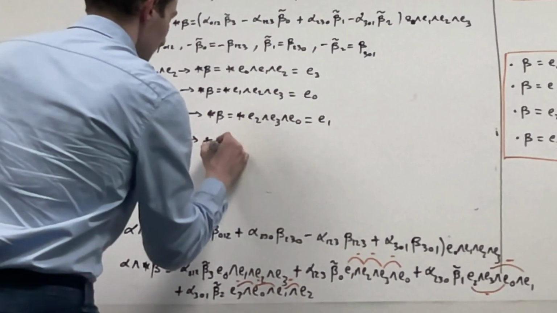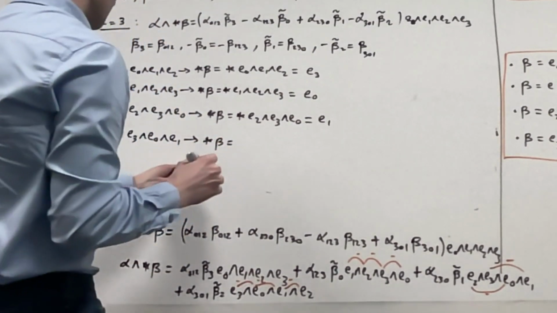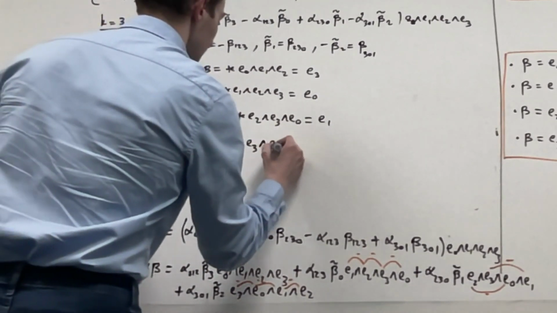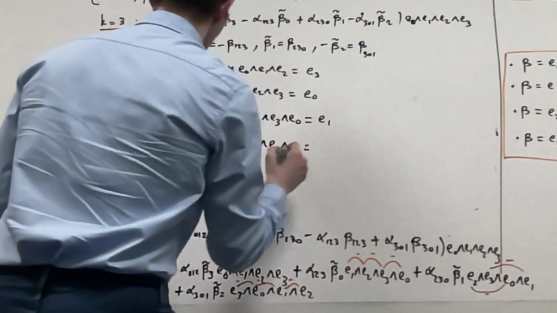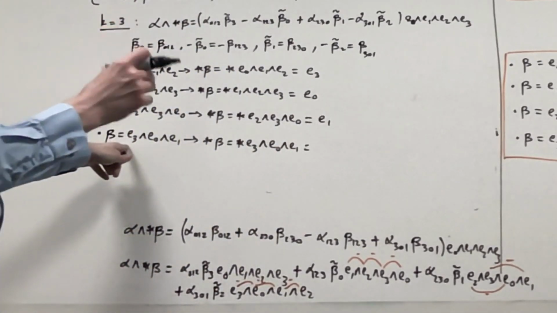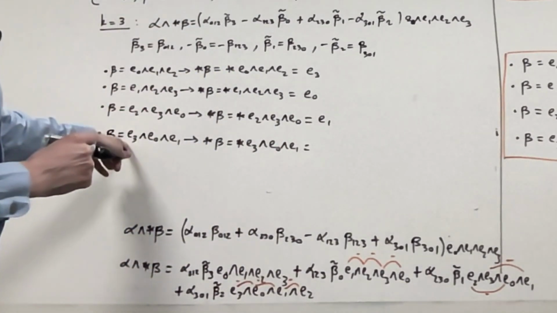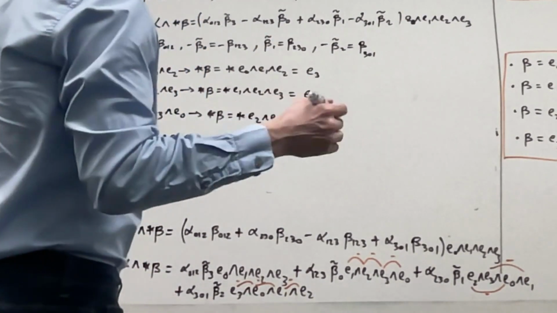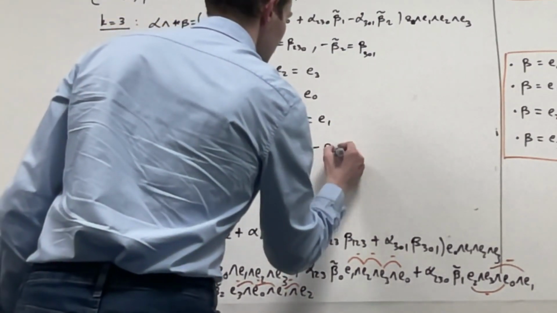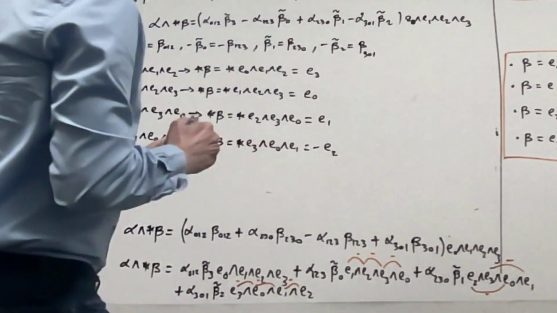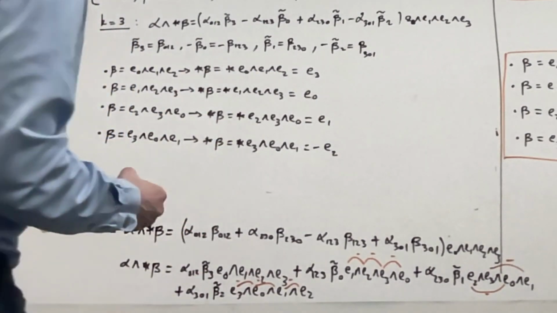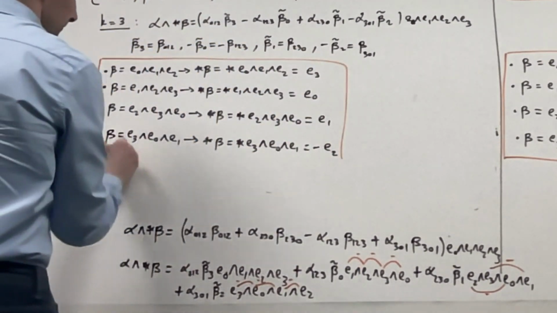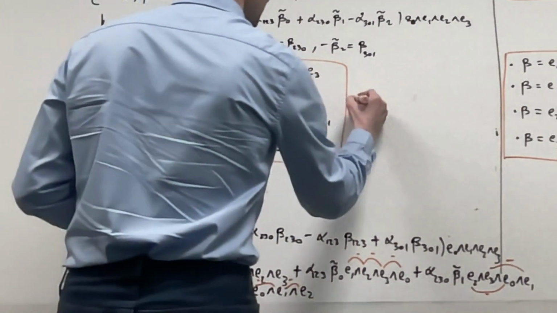And then we've got that the star beta is equal to star of E3, E0, and then E1. And what we have is that beta 3, 0, 1 is equal to 1, and so beta tilde 2 is minus 1, and so it's going to be equal to minus E2. Okay, so essentially that's what we have. We have these particular relationships here, and that's for k is equal to 3.